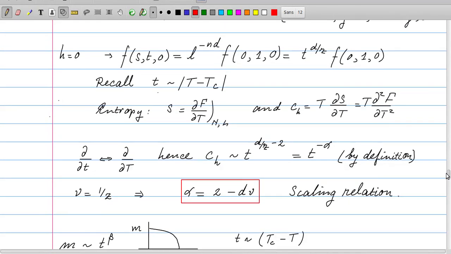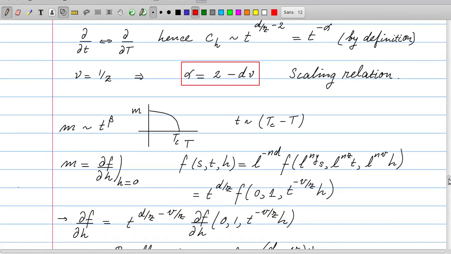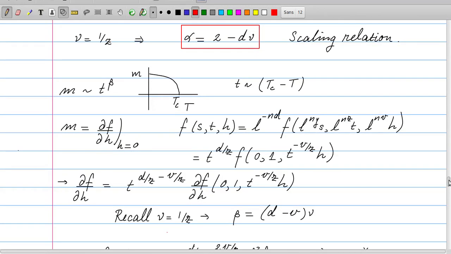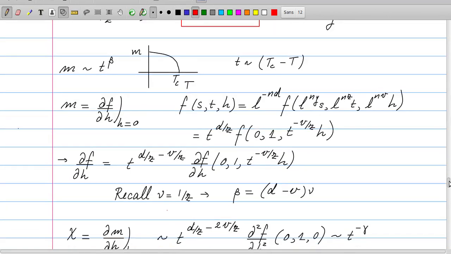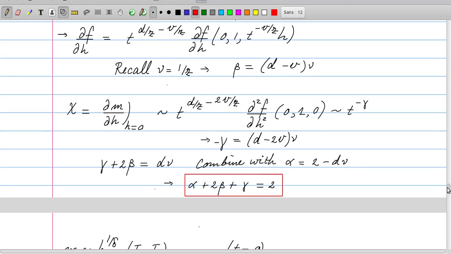Then we go to the next one. Here we had a relation for the specific heat, d over z minus 2. So again, no dependence on y. Then we go to the magnetic exponents, and there we see the v popping up, but no z, and certainly no y. Then we have here the gamma. Again, there is a v, there is no y.